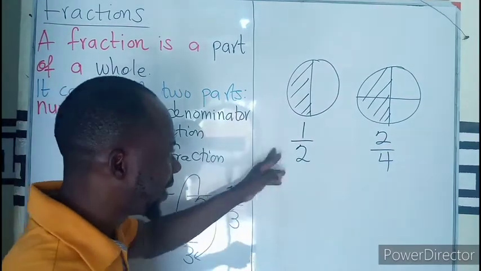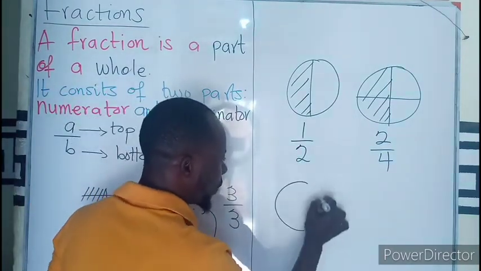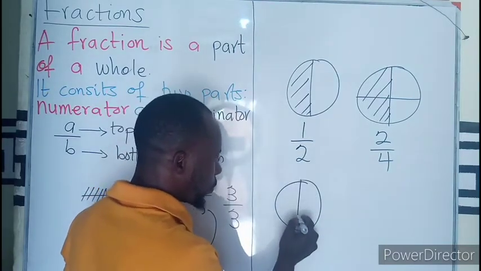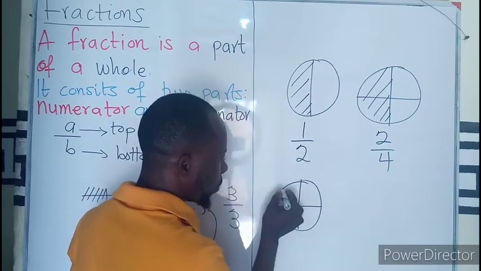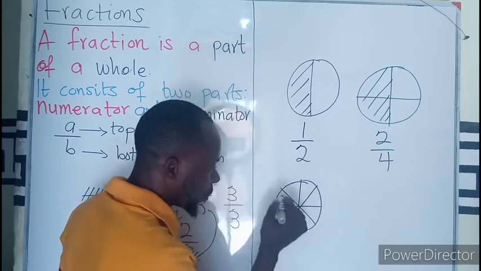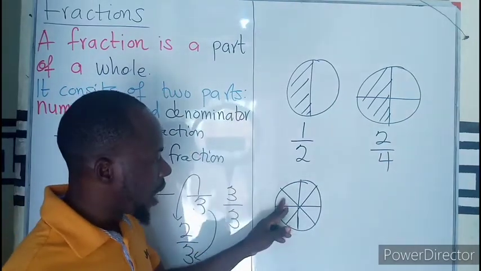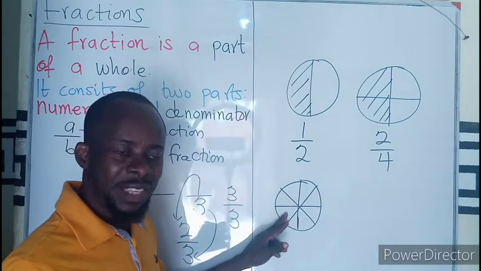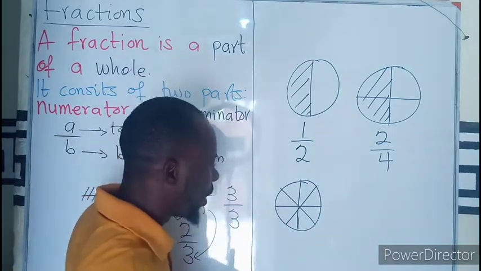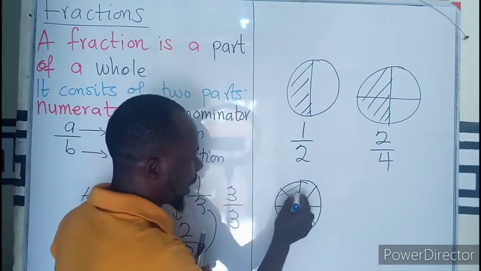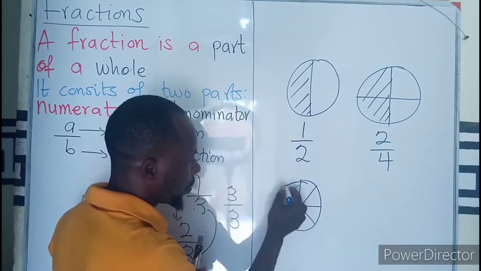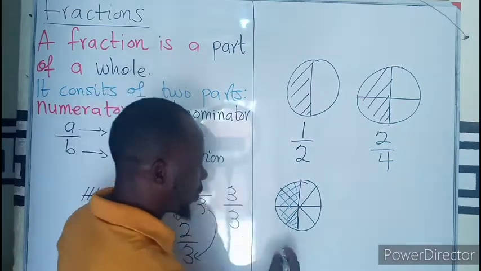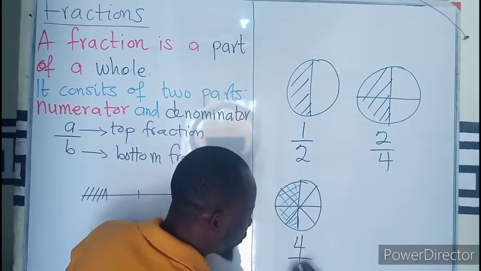If the same size of orange has been divided into 1, 2, 3, 4, 5, 6, 7, 8 parts, and I've decided to pick 4 parts, this is also going to be 4 out of what? 8.